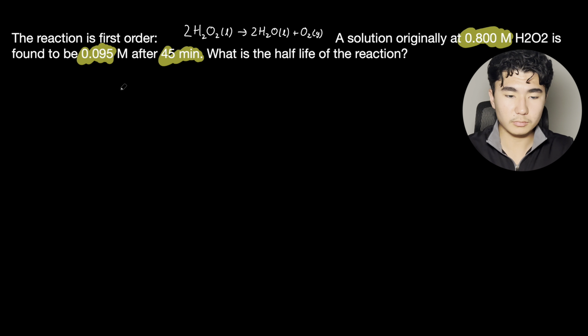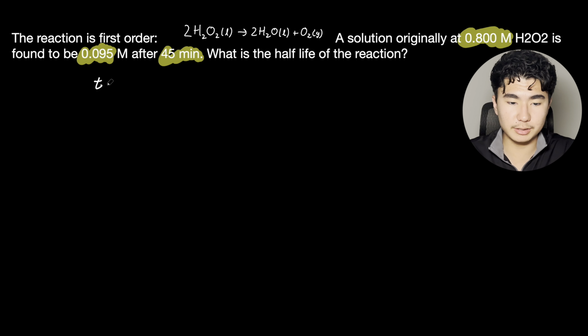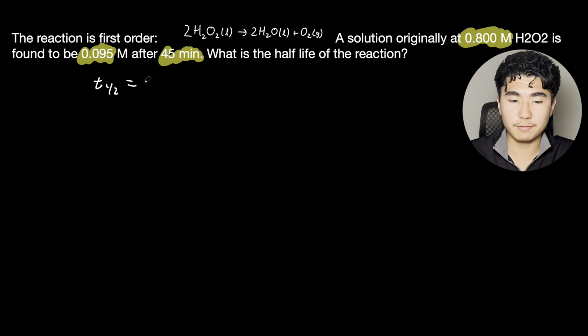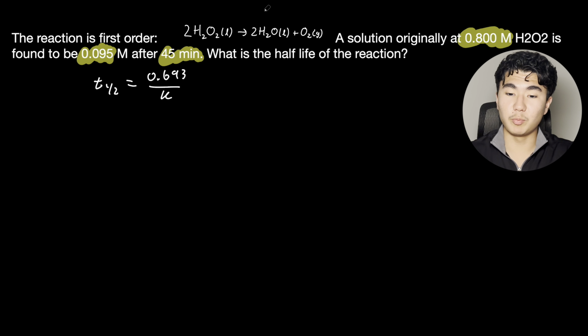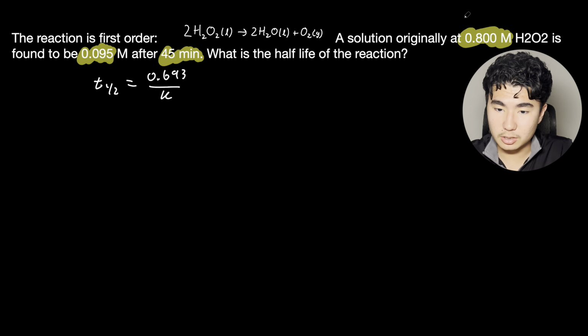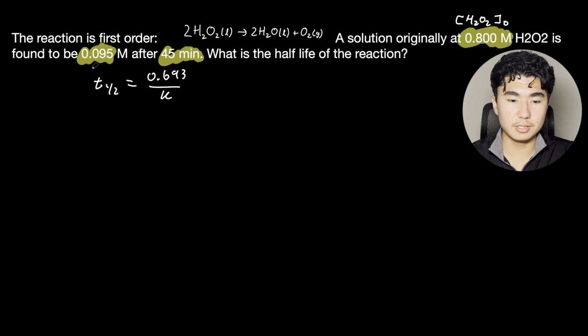So if we remember our half-life equation, that was T 1/2 equals 0.693 over K. But look, in this question, we're not given our rate constant. We're not given K, but we are given a concentration, this initial concentration. So this should be H2O2 sub 0, and this would be the concentration at 45 minutes.